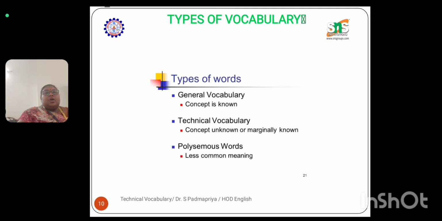We have already seen few examples for technical vocabulary. I'll give you a few important examples. For example, if you are doing mathematics, earlier we have seen computer science based technical words, and now we could see few mathematical based words.